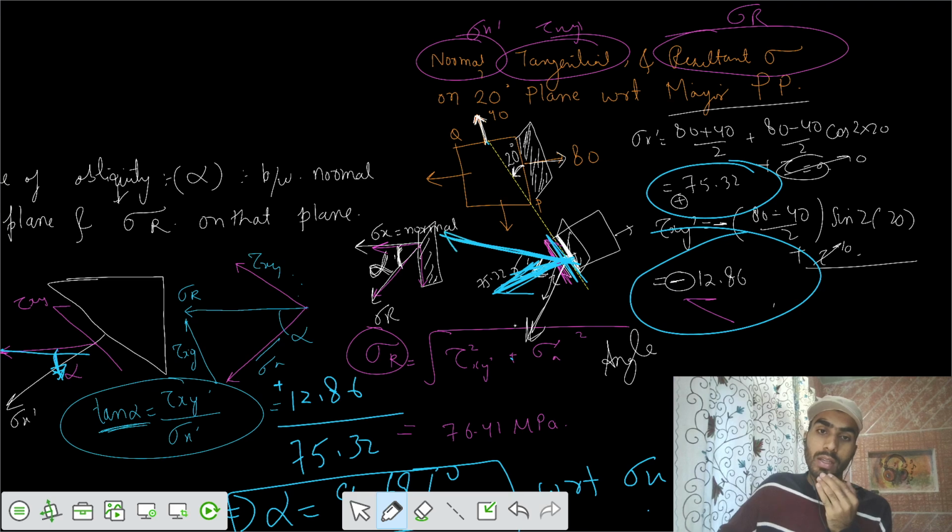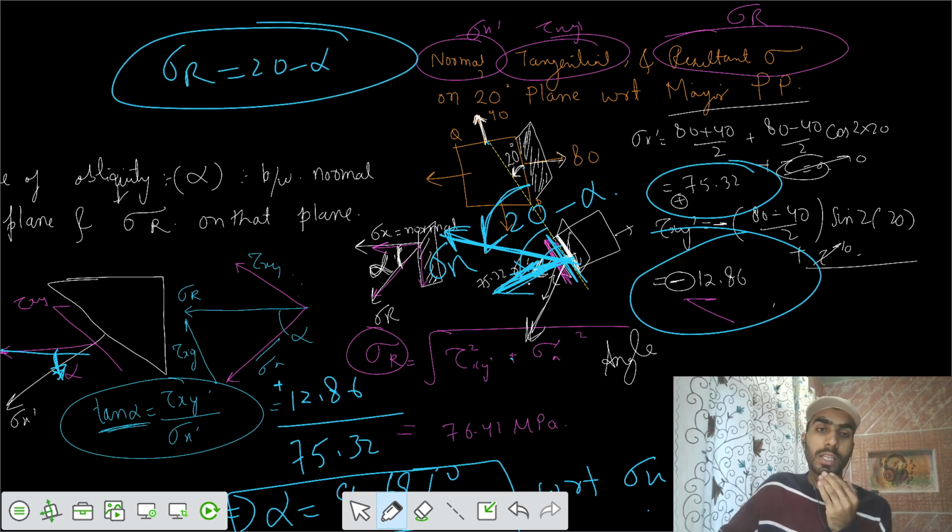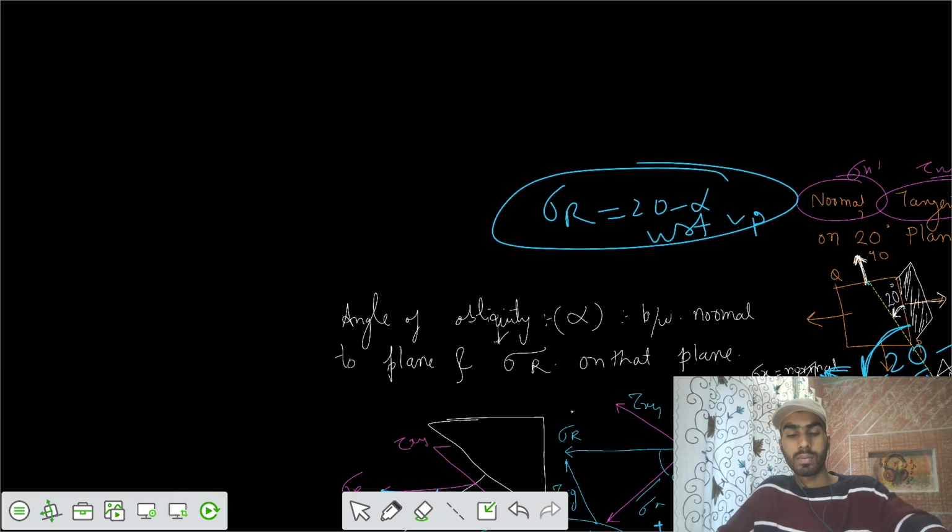So the resultant stress makes an angle with respect to the plane P of 20 minus alpha. The total angle was 20, and the stress resultant makes an angle of 20 minus alpha with respect to vertical. The value comes out to be 10.